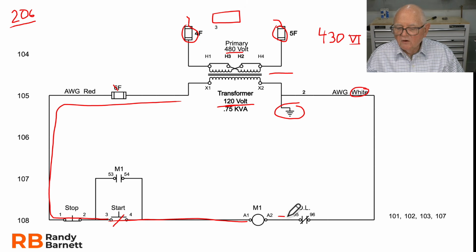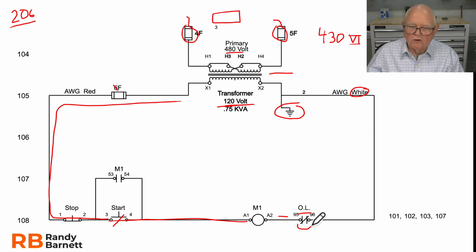As I come out of the coil, of course, I get to my overload contacts. If any one of those three thermal overloads reaches its temperature to melt and the solder melts on the inside, it would trip these contacts that would then de-energize my motor coil and, of course, de-energize the motor for me. So that's how the circuit operates.